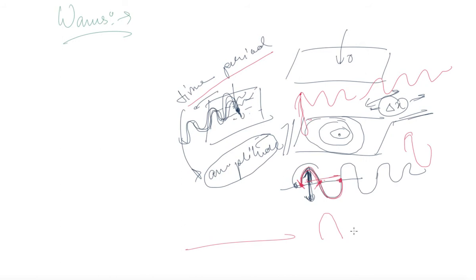First it's something like this, then it becomes something like this, then straight, then this. Then again it is less, again it's at the center, then this. So this is what happens in a particular wave.